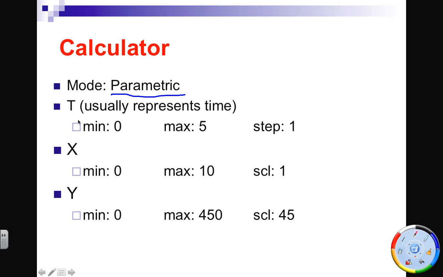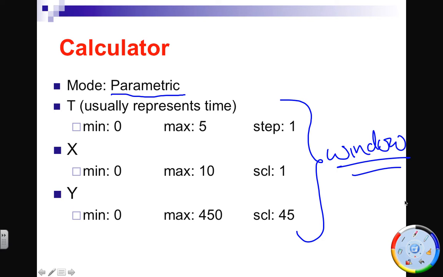Since t usually represents time, we usually start with t equals 0. For this particular question, we're going to go to a max of 5. So t min is 0, t max is 5. By the way, this stuff I didn't mention here, this is in your window.